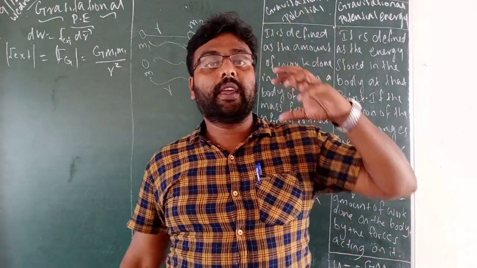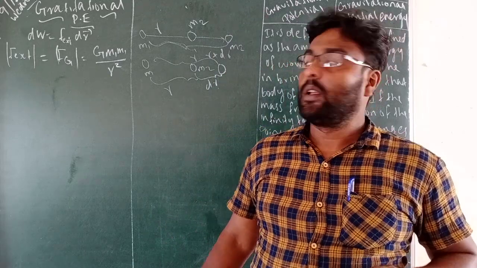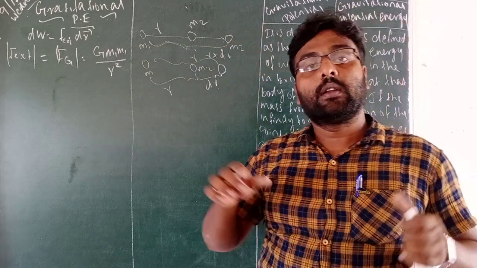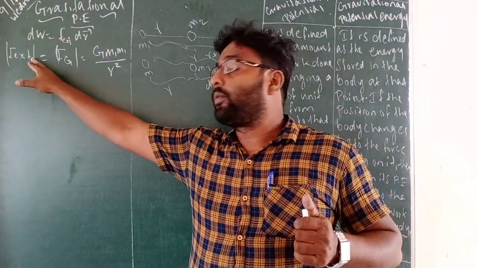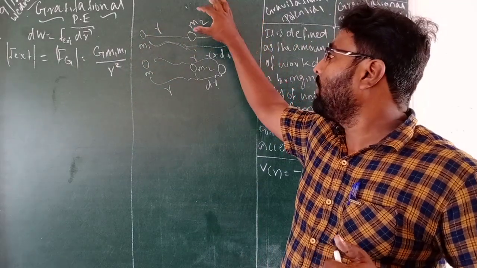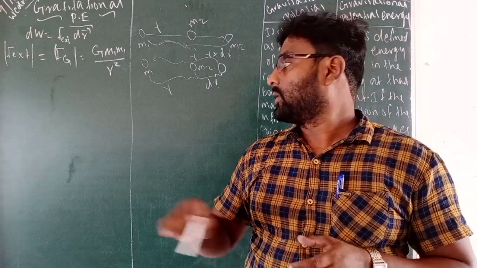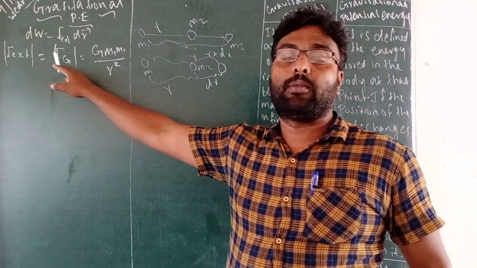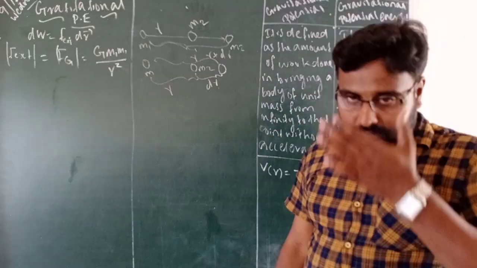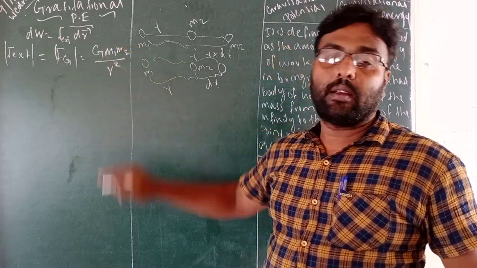Here the external force is the gravitational force. This gravitational force is the force we use to move the mass M2 from the distance R dash to R. So the external force is equal to the gravitational force, that is G M1 M2 by R square.